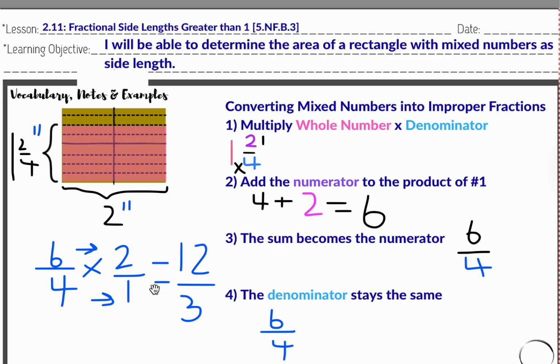Or I can simplify. So 12 divided by 4 is 3. So then the area for what is shaded equals 3 square inches. Okay. And this right here is my final answer. Alrighty, bye-bye.